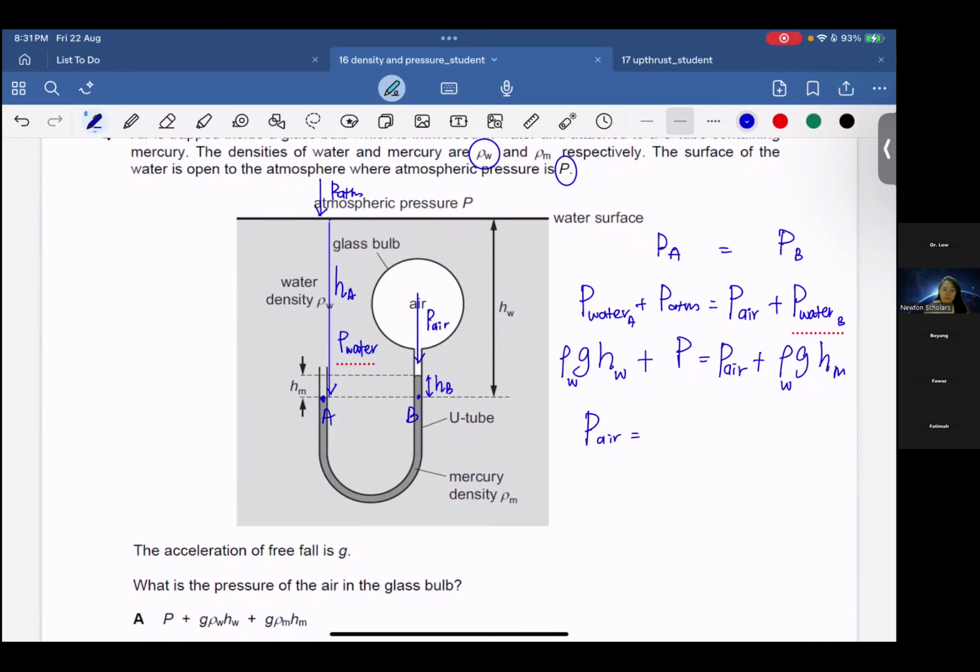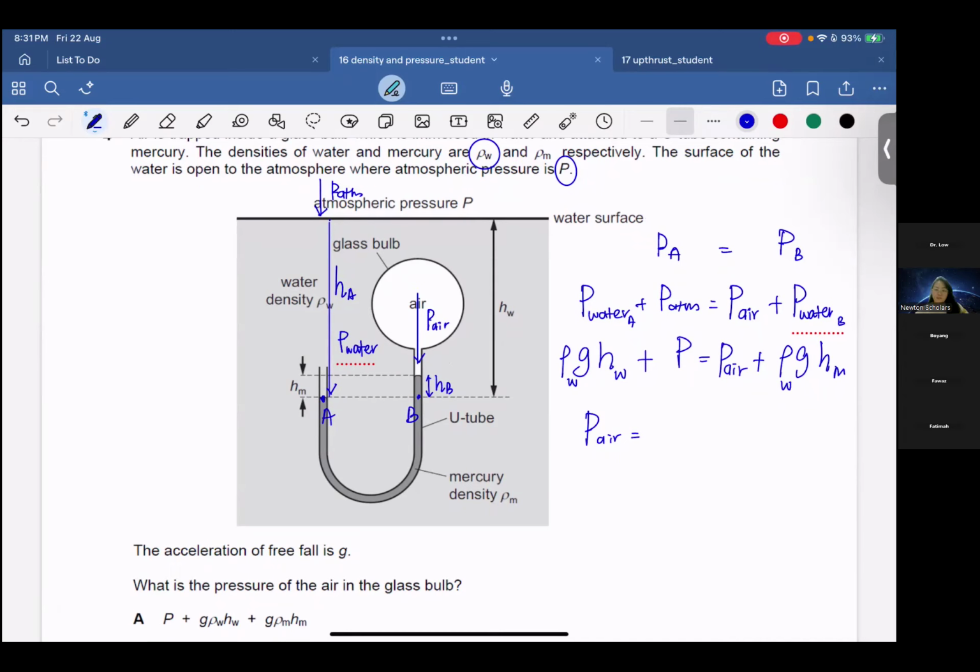What is the air pressure? Correct, Vashini, correct. Vashini, you may try the next question.